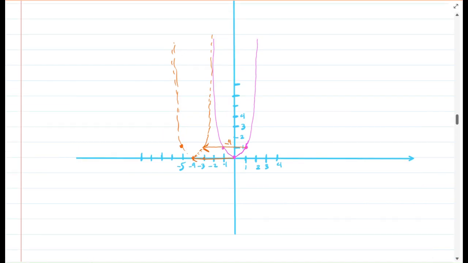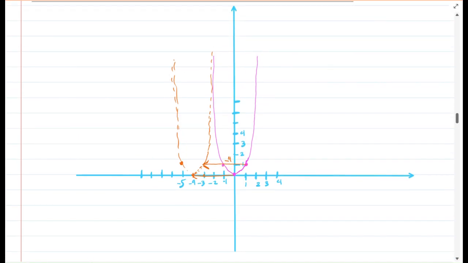Okay, here I tried to sketch a better graph. This is the graph of x to power 4. As I mentioned, when we have x to power even, it goes through points (0, 0), (1, 1), and (-1, 1).